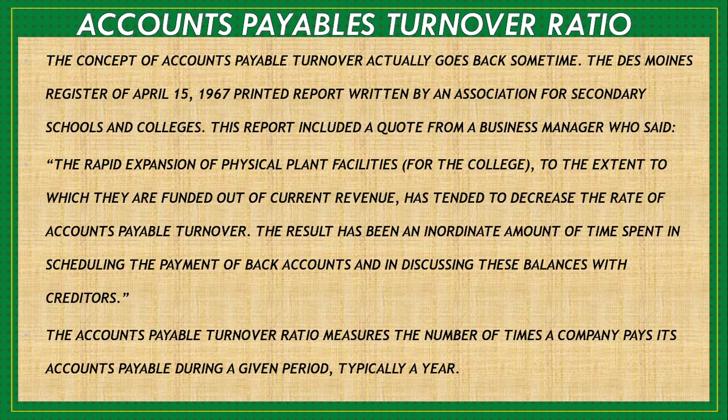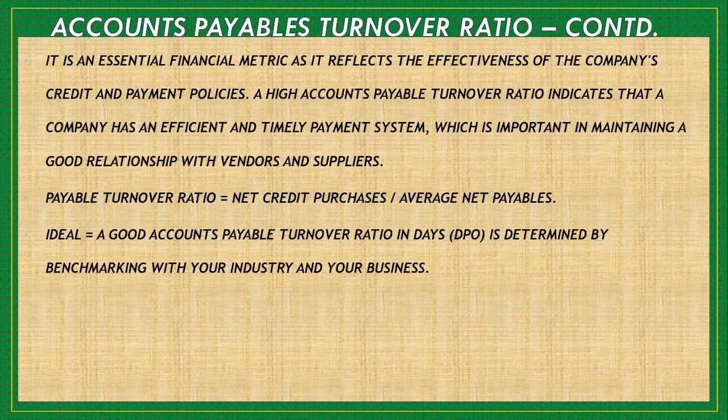The accounts payable ratio measures the number of times a company pays its accounts payable during a given period, that is typically a year. It is an essential financial metric as it reflects the effectiveness of the company's credit and payment policies.